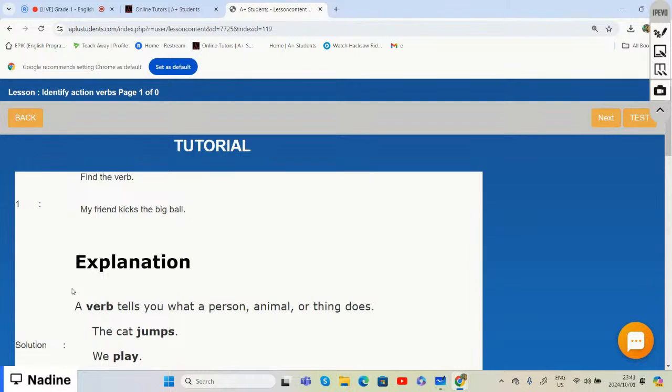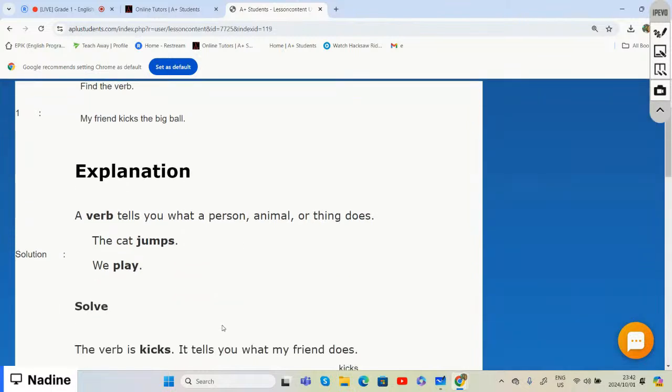Now we're just going to identify the action verbs within our sentences specifically.